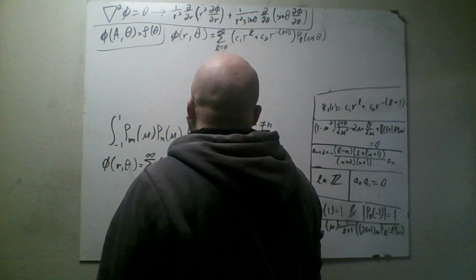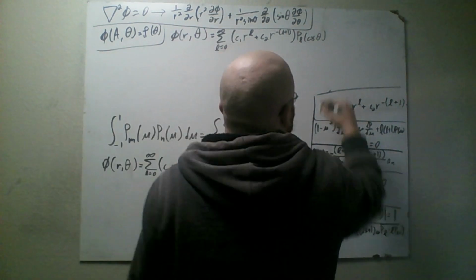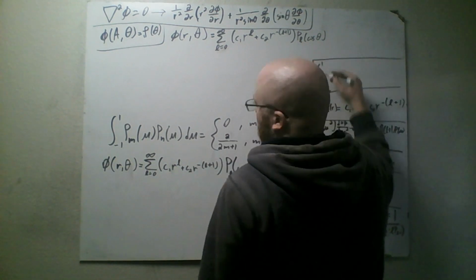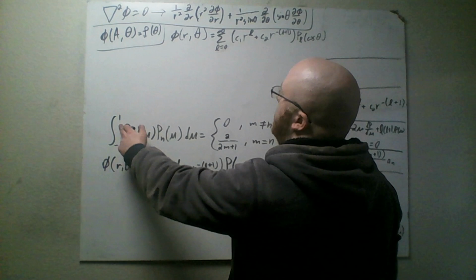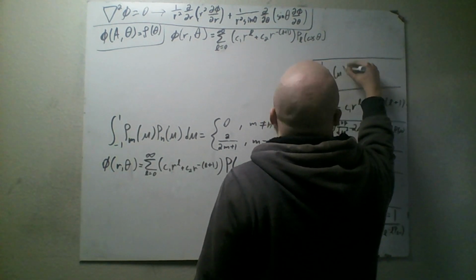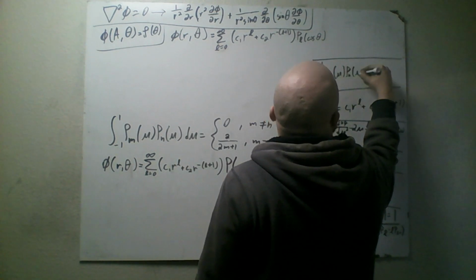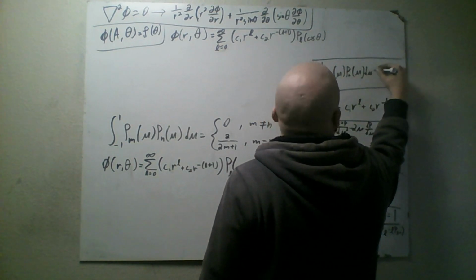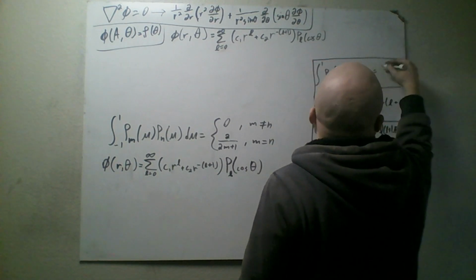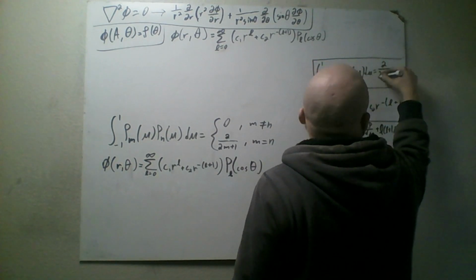So that one's there. Your orthogonality relations, we're going to add them in a little box over here. Negative 1 to 1. You'll notice that negative 1 to 1 just happens to be the range of cosine, which is pretty nice. Mu equals... Oh, I can use the Dirac for the delta.